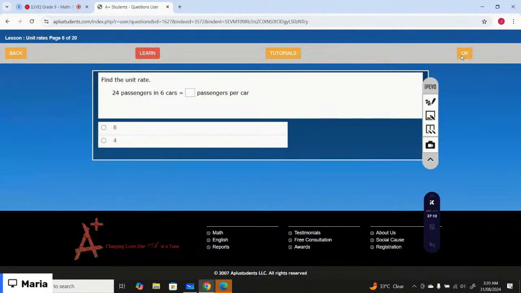Find the unit rate: 24 passengers in 6 cars.